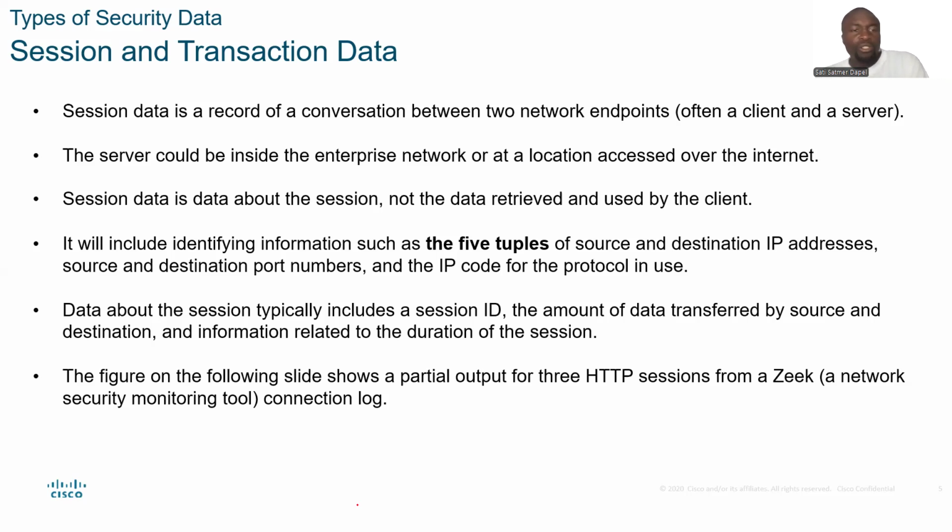Okay. So the server could be inside the enterprise network or at a location accessed over the internet. So session data is data about the session. Remember when we talked about the OSI model and one of the layers called the session layer.